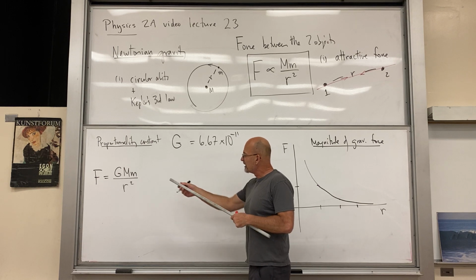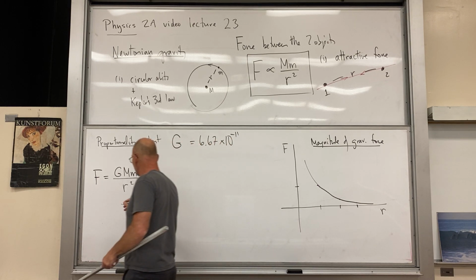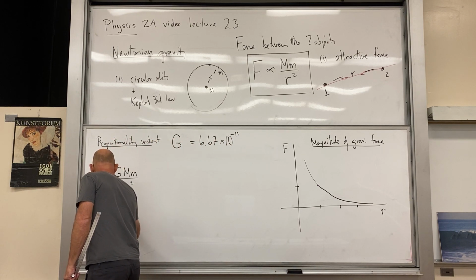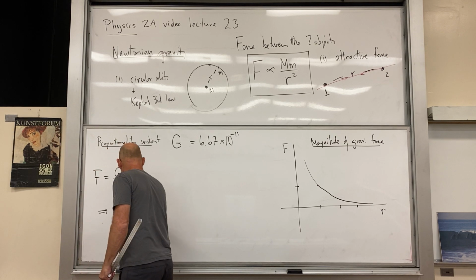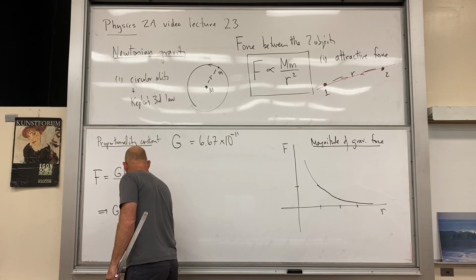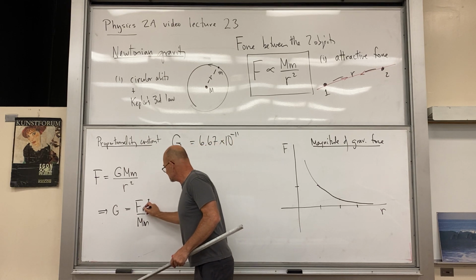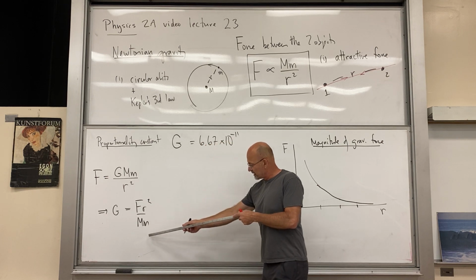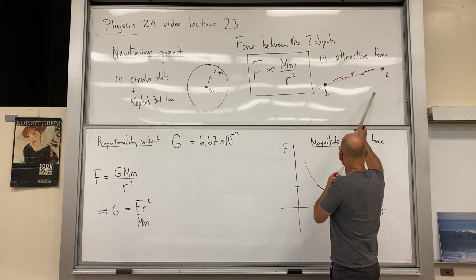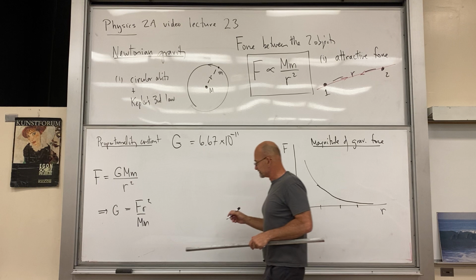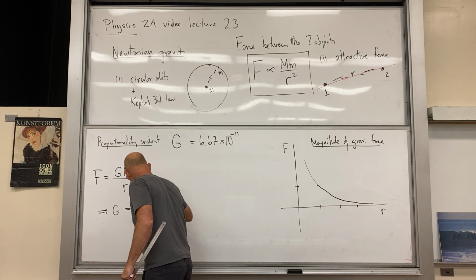So now we know how to get units off of this thing. We solve for G, so that's F r squared over the product of the masses. Okay, I'll do this interchangeably, by the way. I'll either do the capital lowercase m or m1 and m2, doesn't matter. Okay, here's an r.